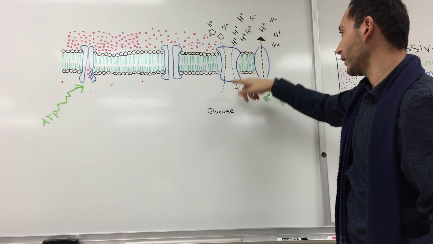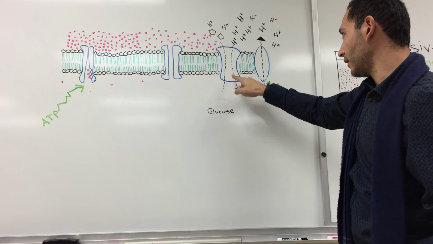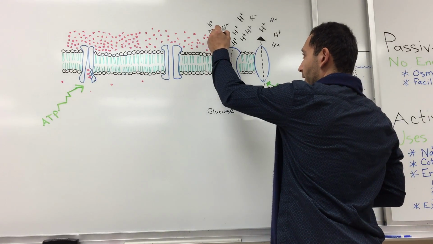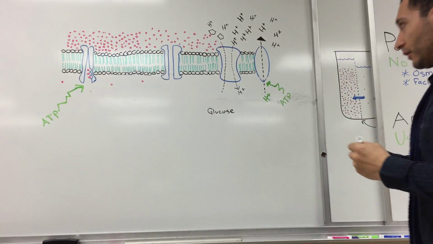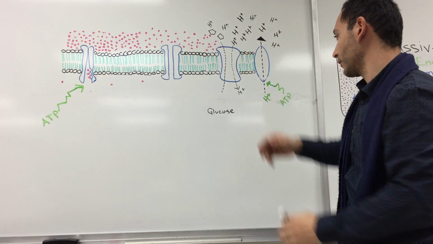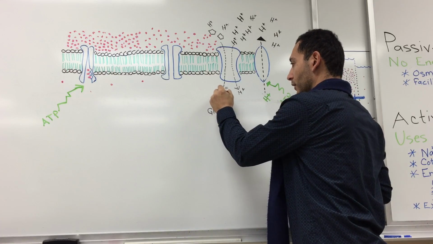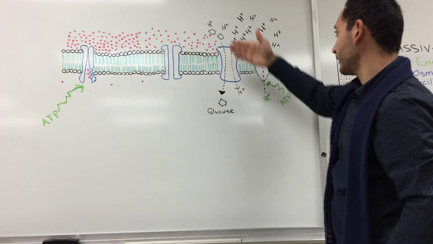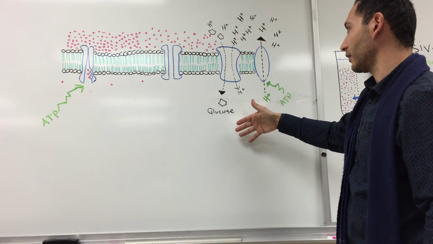In doing so, they go through a different protein, and along with them, they bring a molecule that can't normally get through, for example, glucose, sugar. And that's one way you can get sugar into a cell.